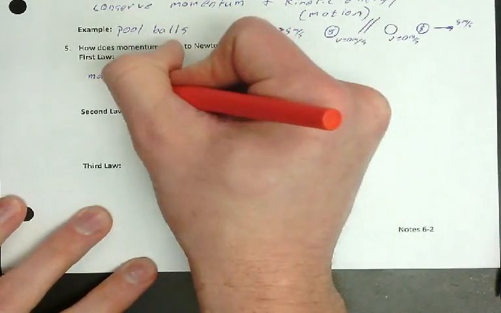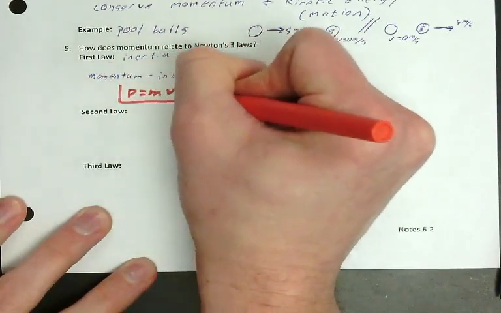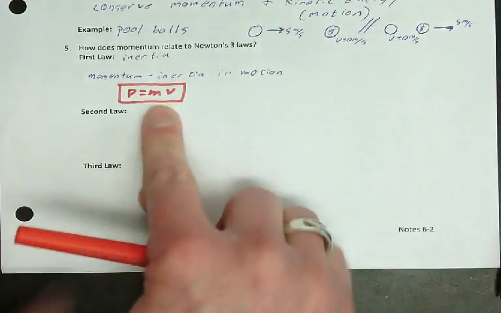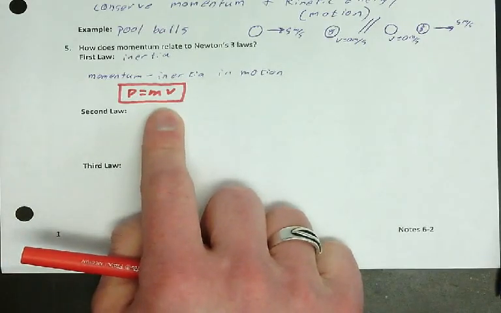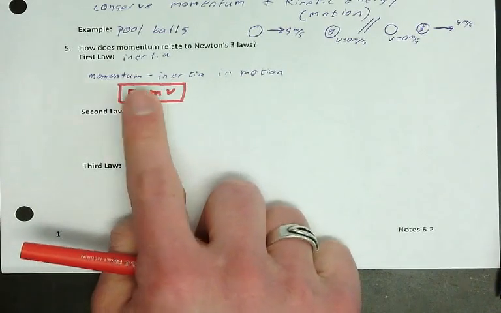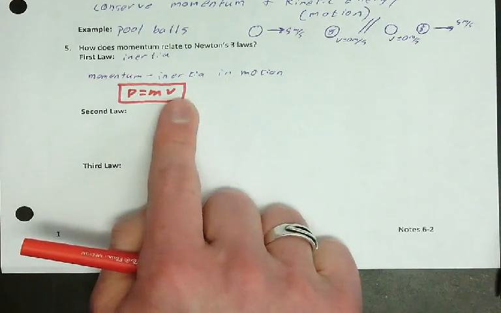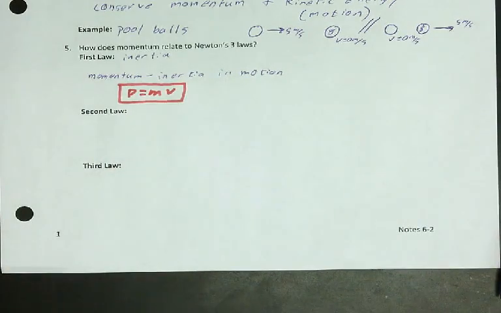And bingo, you have how Newton's first law relates to momentum. This is a visual way, a mathematical way to describe inertia. It's inertia in motion. So you can talk about the inertia in motion of objects, and you can quantify them. You can mathematically solve and calculate what they would be.